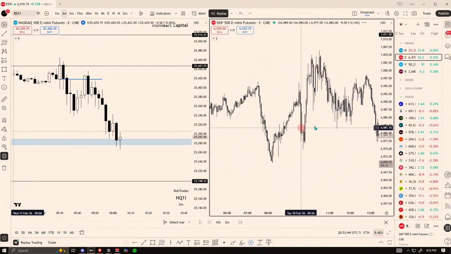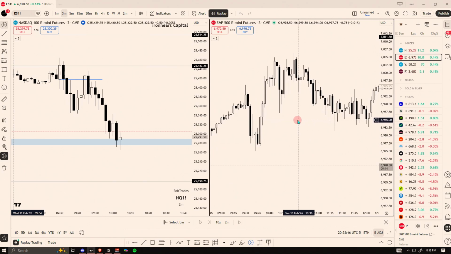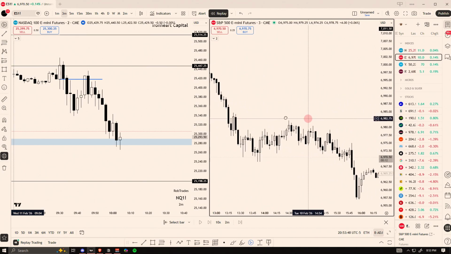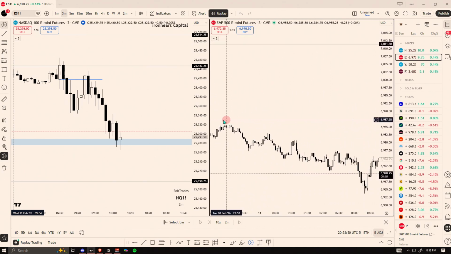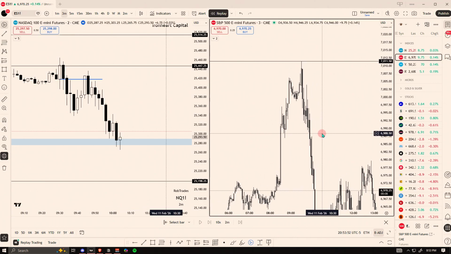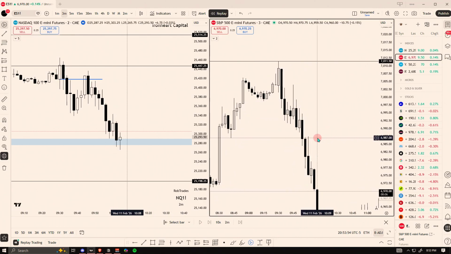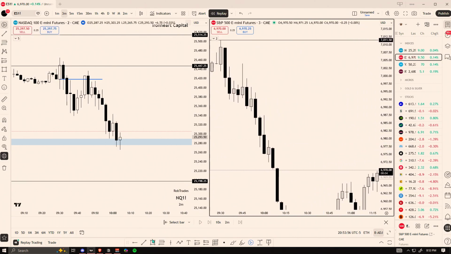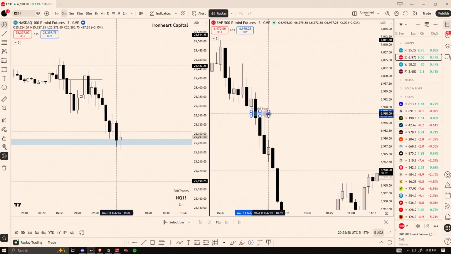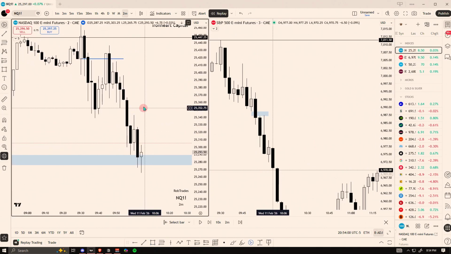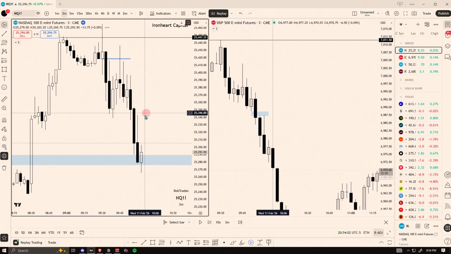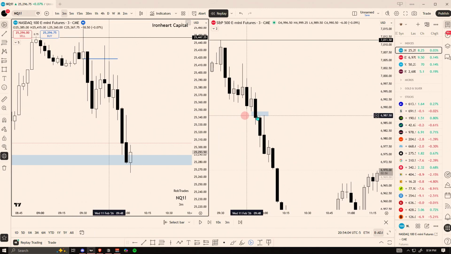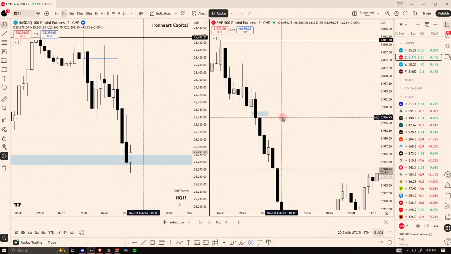Wednesday, here we are. This was this 3-minute fair value gap here on ES. And if you look at NASDAQ, there was no 3-minute fair value gap up here. So to me, I was using this as an SMT fill.